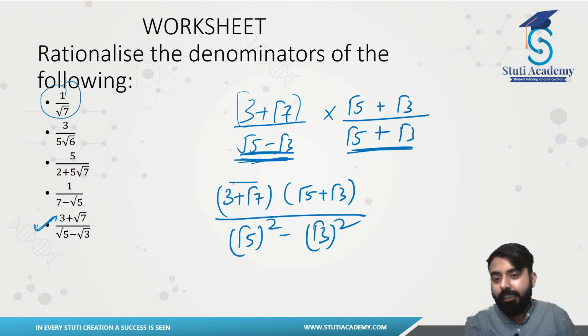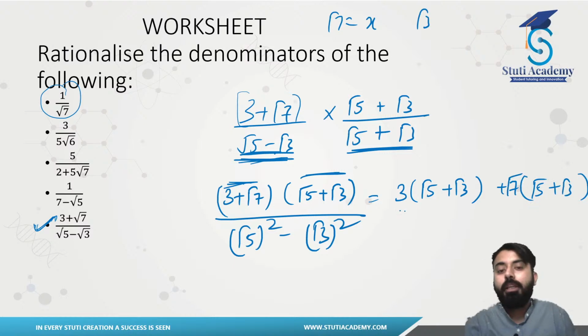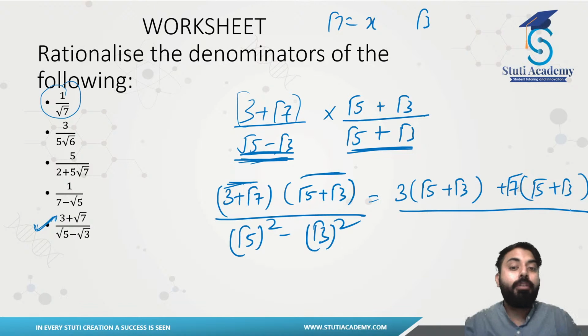Now you guys can easily solve this one. Even assume your root 7 to be x and root 3 to be y, or you can just pick this bracket, expand that one. 3 here, root 7 here, put the other bracket here, root 5 plus root 3 and root 5 plus root 3. And in the denominator, we will be having square root 5, its whole square, that will be 5. Square root 3, its whole square, that will be 3.